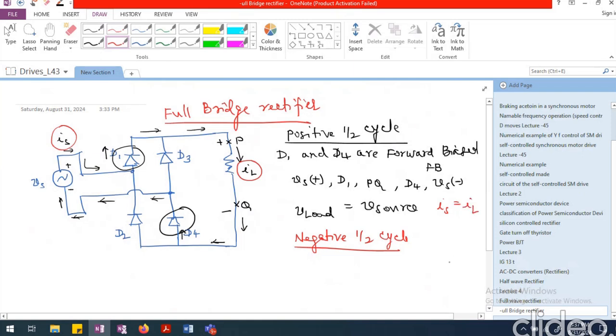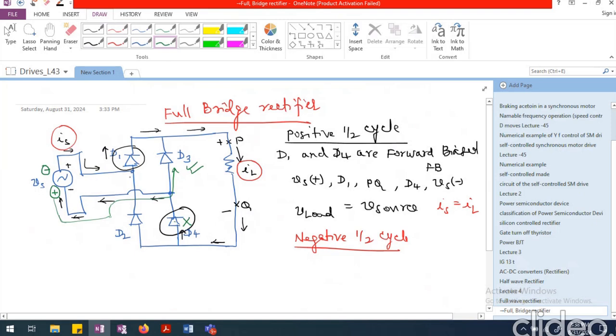During the negative half cycle, this will become plus and this will become minus. If this plus is looked at with respect to D3, very clearly D3 will be forward biased. Whereas the same plus is connected to the cathode of D4, so D4 will be reverse biased.